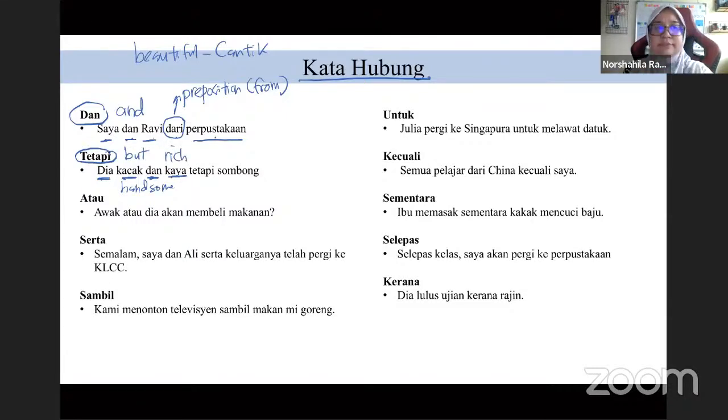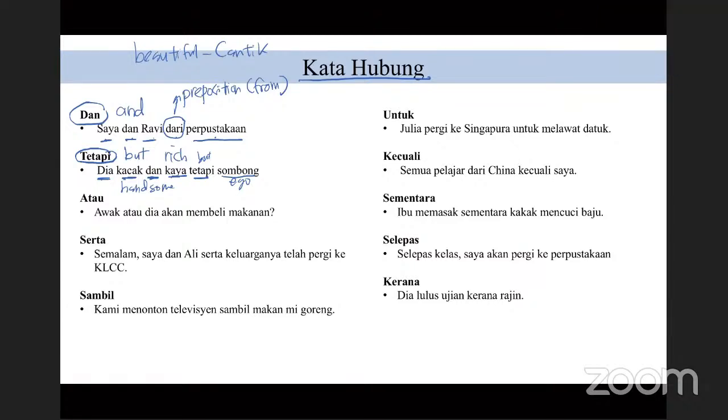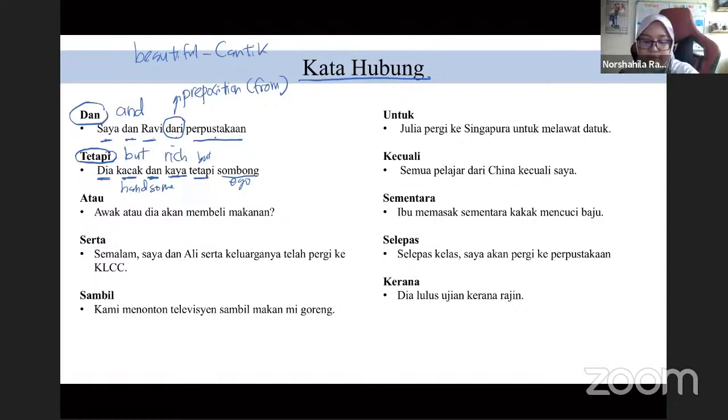Okay, you are rich, in Bahasa Melayu is kaya. But, sombong means ego. Okay, you get it? The second sentence? He handsome and rich, but ego.